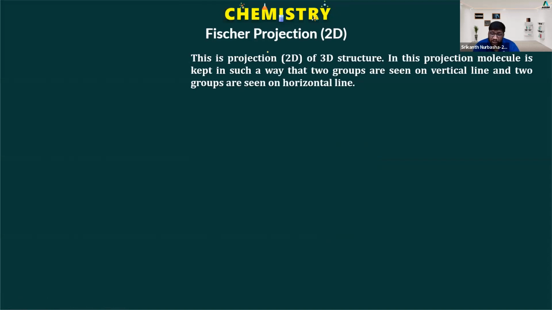Fischer projection, the next kind of representation, is the Fischer projection. It is a 2D projection of a 3D structure. A 3-dimensional structure I cannot draw on a 2-dimensional screen. Whatever screen I am writing on is 2 dimensions only, not 3 dimensions.